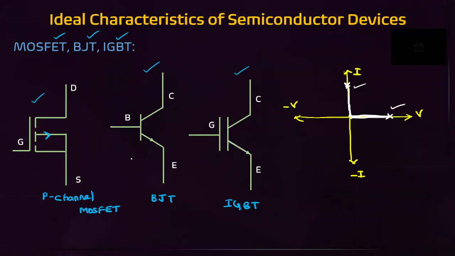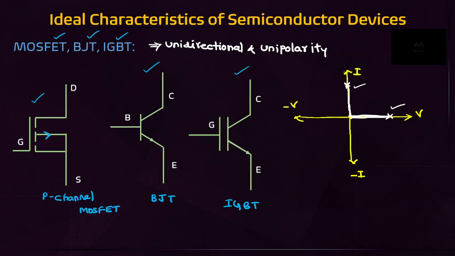This is the forward current. So what about the MOSFET, BJT and IGBT, students? It allows only one direction of current and blocks only one polarity. All these devices are unidirectional unipolarity devices. Simply remember this to draw the next devices' characteristics.